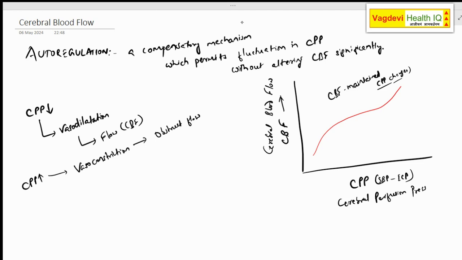Obstruct is not a good word here. I would say it will reduce the flow. But this is how it maintains the CBF, cerebral blood flow. This mechanism is understood now.